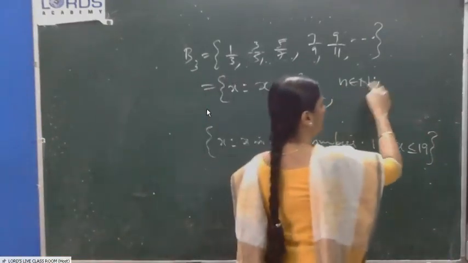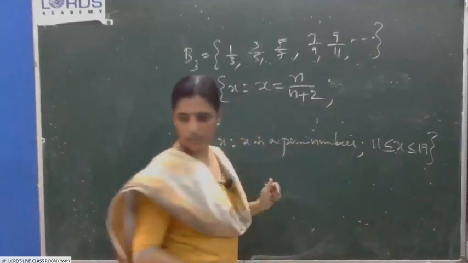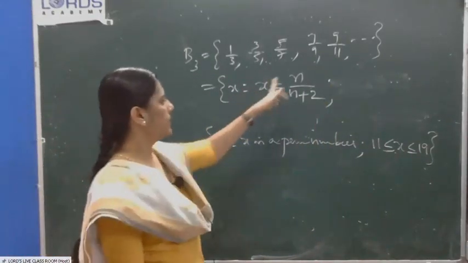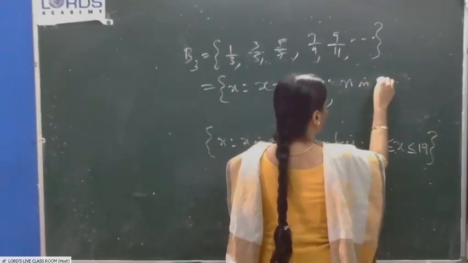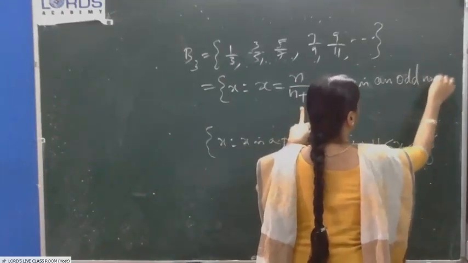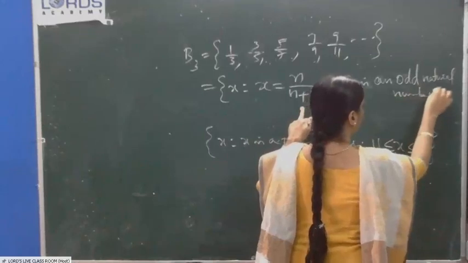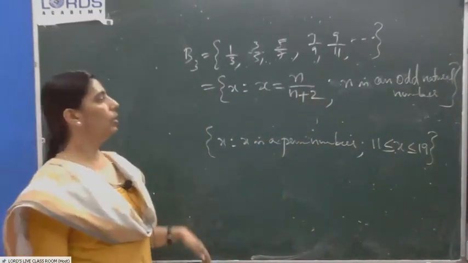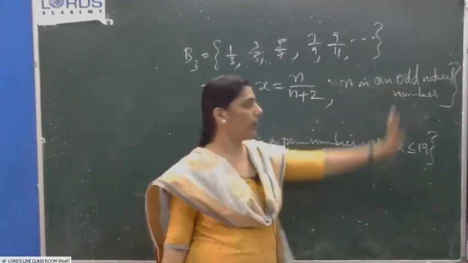N belongs to natural numbers, but we can also write straight away x is equal to n by n plus 2, where n is an odd natural number. Then everything will be included in that. Odd natural number, so no need to write n belongs to natural numbers.